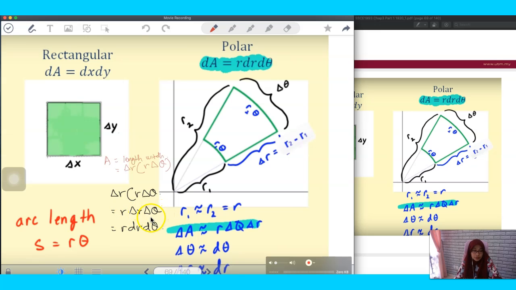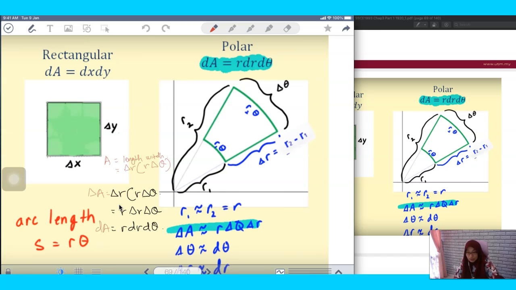But instead of using the delta, we want to relate this with the order of integration, so we put delta r to be dr, and delta theta to be d theta. So that's why we can see that this is delta A.